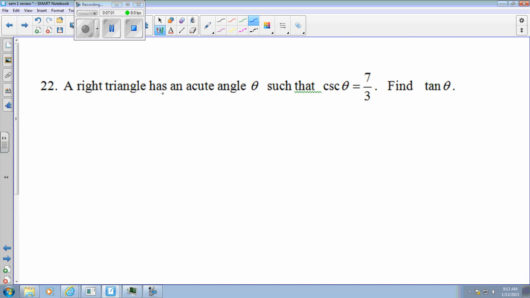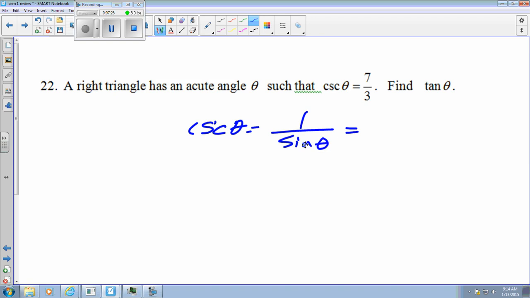A right triangle has an acute angle theta such that the cosecant is 7/3. Find the tan. So we know that the cosecant is 1 over the sine. So I'm going to say that this is the same as my cosecant theta.